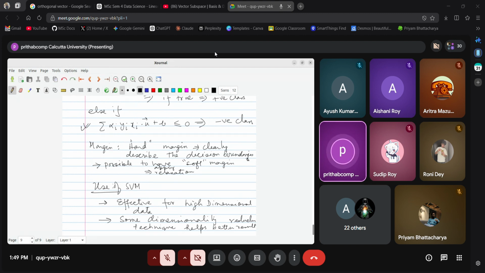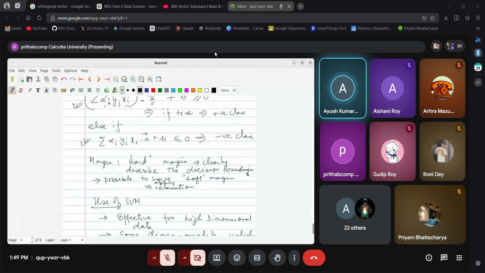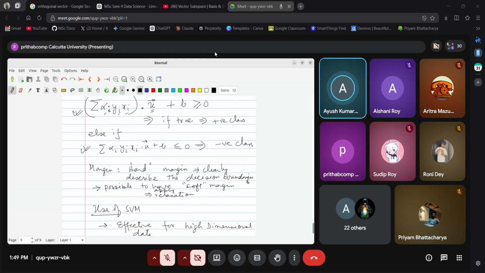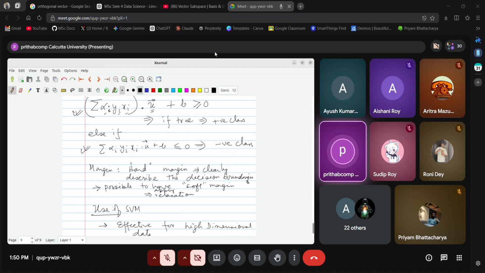Does anyone have anything to say? Yes, ma'am, in these two equations the inequality is not strict on both sides. So if something is equal to 0, or falls exactly on the median line, how do we treat it?